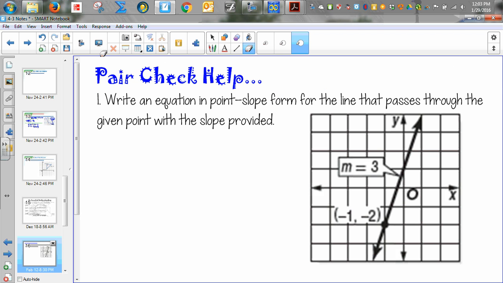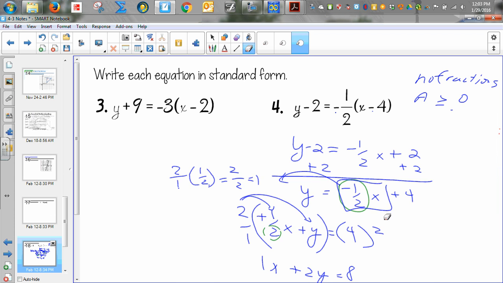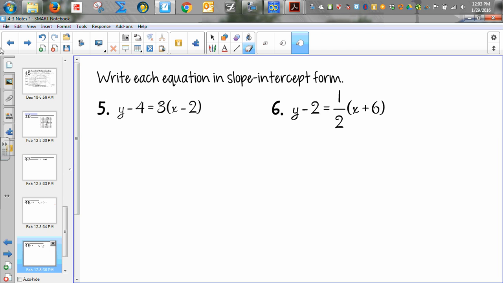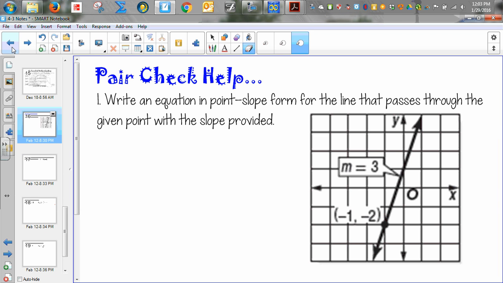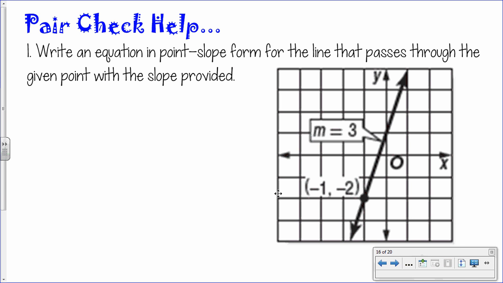Okay, now you look at the pair check. Got 6 problems on the front, correct? We've been over this before, we just took notes, right?